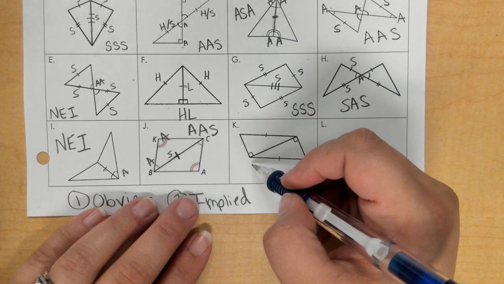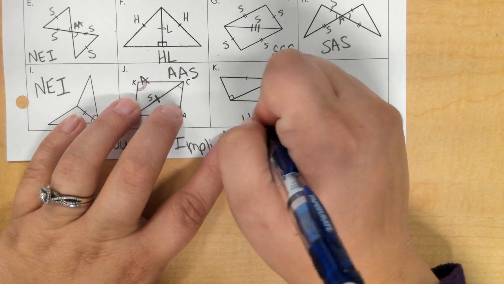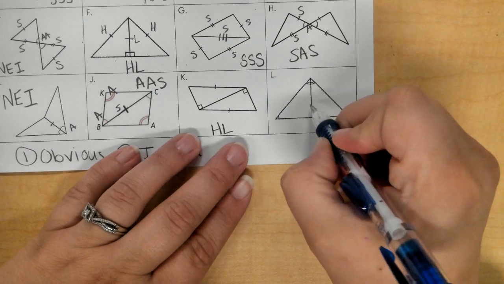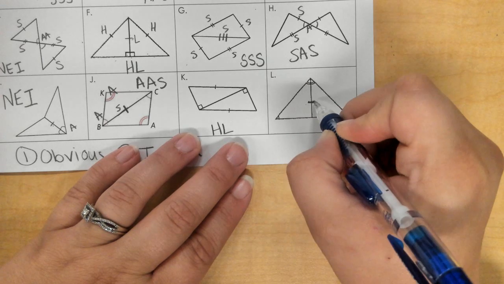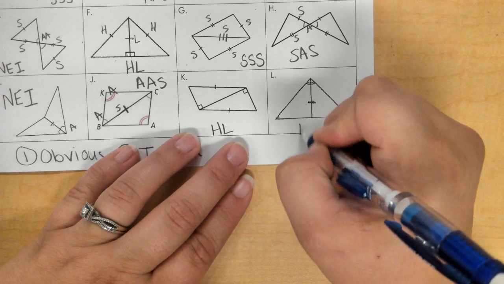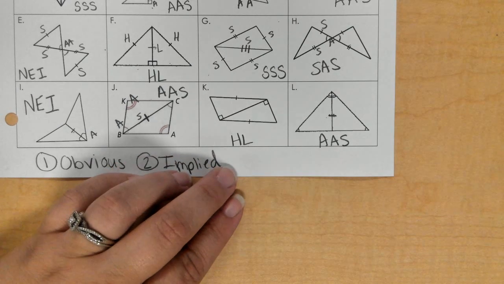K is actually the same thing as up here in letter C. So we're going to go ahead and just put HL for that one. And then lastly, we have this side reflexive to itself. So angle, angle, side. And that is the last example for day 4.